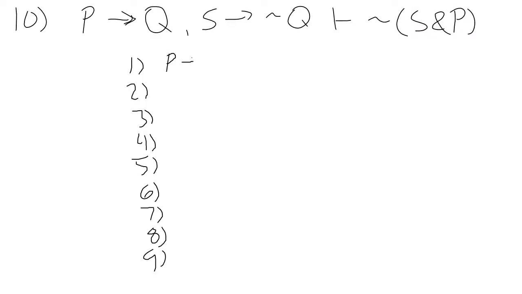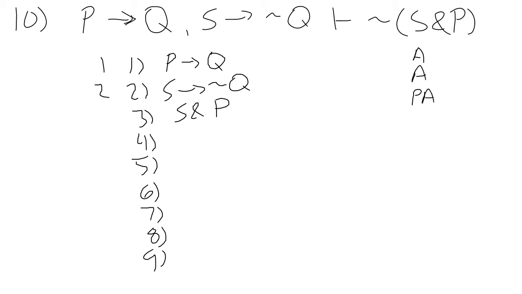Now for problem 10, got 2 premises. We've got a tilde as our main operator in our conclusion. So we're going to write the opposite of it like this. That's going to be PA. Mark it as 3. And then we can separate out our conjunction here in line 3, which gives us the antecedents for both of our conditionals in 1 and 2.